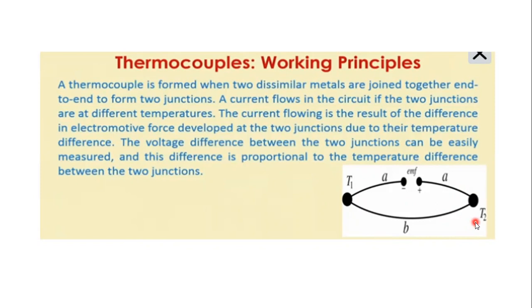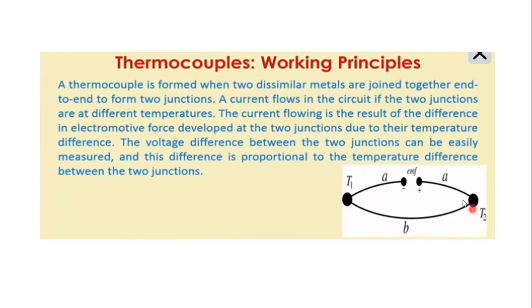It consists of two wires of different metals. A and B are different metals and are twisted and welded together. That means the end of each wire is twisted and welded together, with each wire covered with an insulation. So the ends of A and B are joined at both ends. And when these two conductors of dissimilar metals A and B are joined together to form a loop, now it becomes a closed loop.